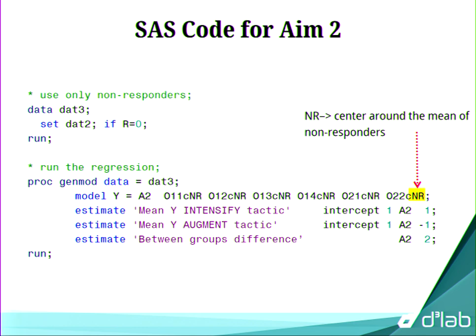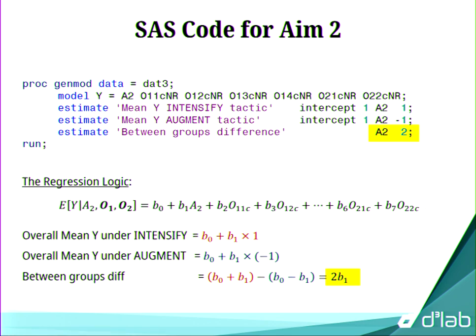I'm asking SAS to fit a model, take my outcome, regress it on the second stage intervention options indicator and my nice, beautiful control covariates, and estimate 3 linear combinations of the regression parameters to give me the mean outcome under Intensify, under Augment, and the difference between them. Yeah? All right. So we understand the logic for the code. You can see, again, here that the estimate of between group differences, twice the coefficient of A2, is the between group difference.